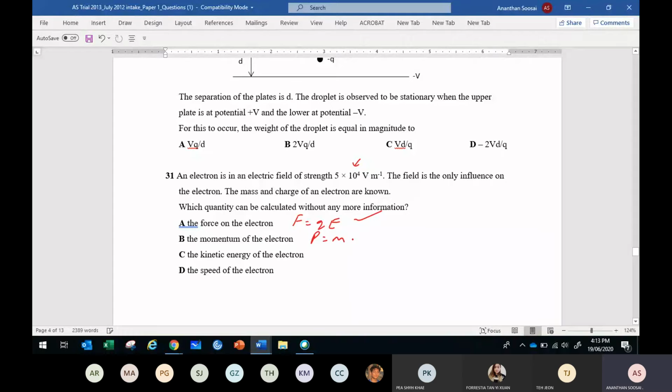Momentum is mass times velocity. Mass of the electron we know, but speed we don't know, so directly we cannot calculate. Kinetic energy also needs speed, so cannot. Speed of electron, cannot. So of course A is the answer, easy. Okay, good. The answer is A.